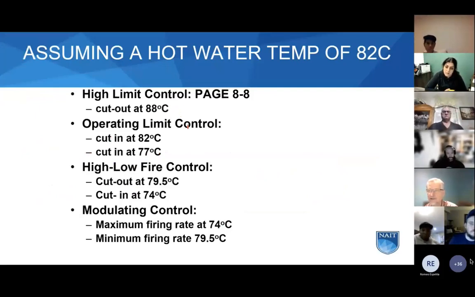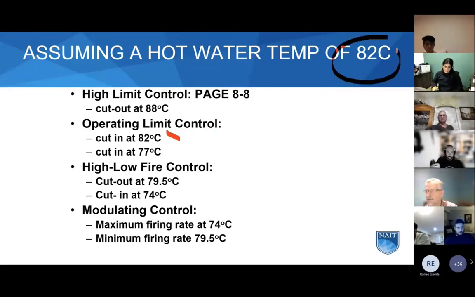If you have the high operating limit on a hot water boiler, and we want hot water temperature around 82 C, we're going to have things cutting in at 82. Sorry, cut out would be 82. So another typo in here. Cut out at 82, cut in at 77.